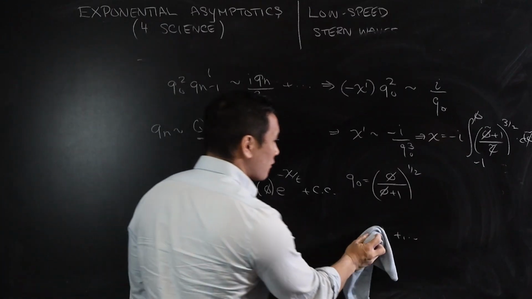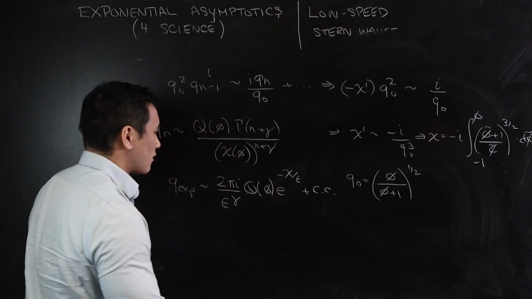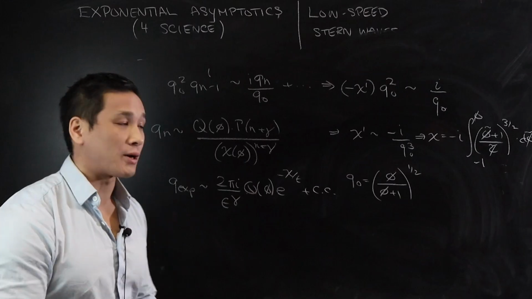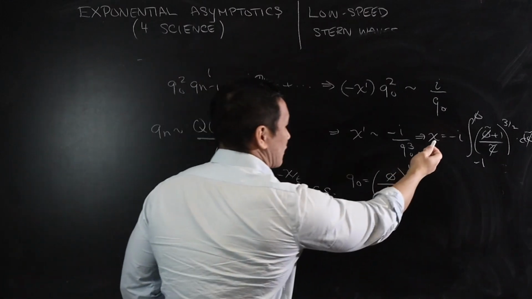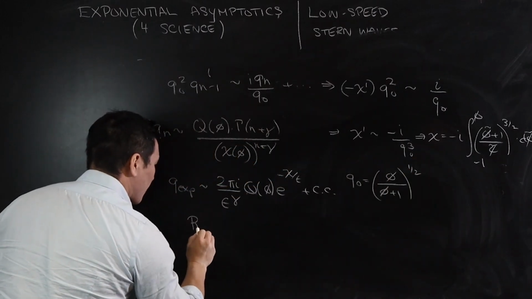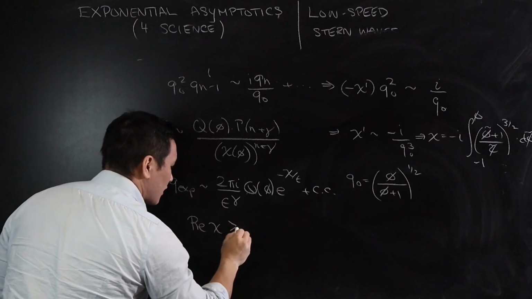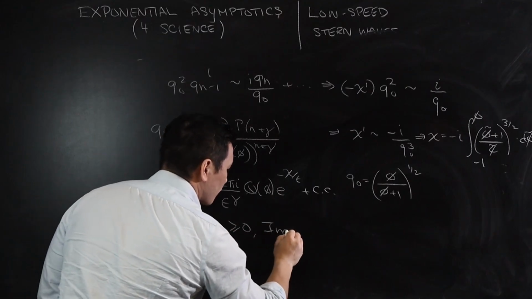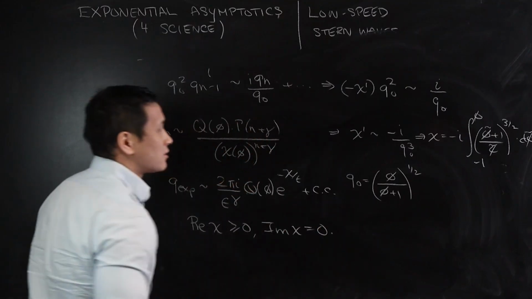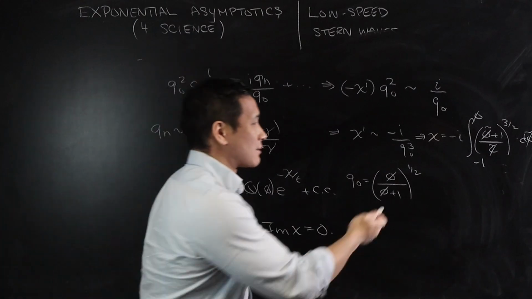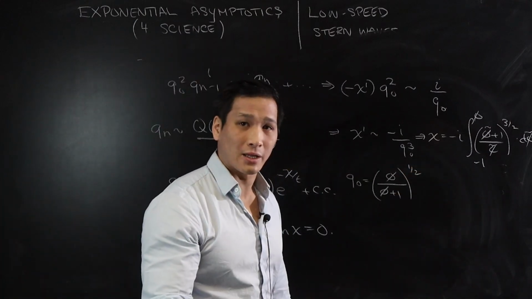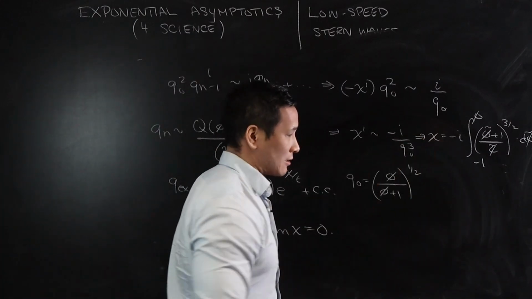Okay? The other thing that you know is that the Stokes lines are given by some criteria that's given by this chi. The Stokes lines are given by where the real part of chi is positive and the imaginary part of chi is 0. So you just need to plot this. You need to somehow integrate this numerically or analytically, or otherwise you can actually do this analytically, in fact.